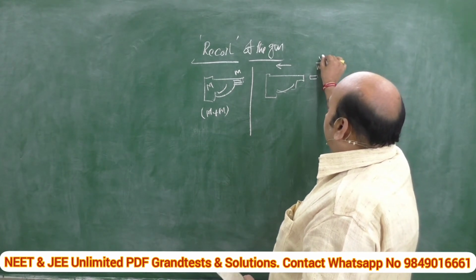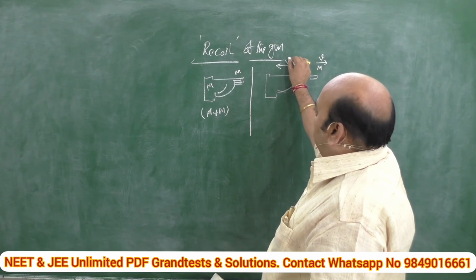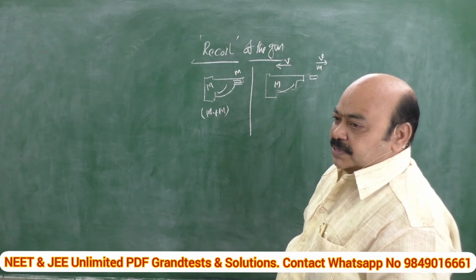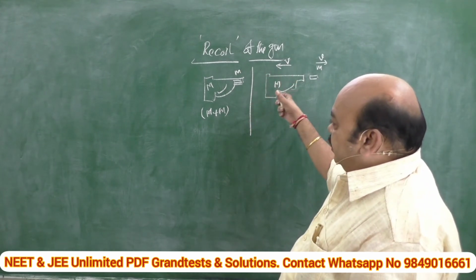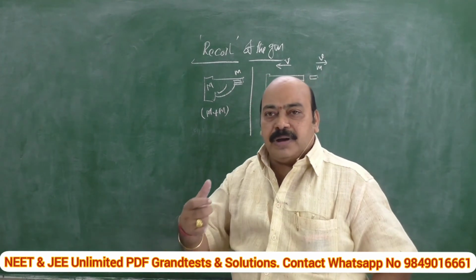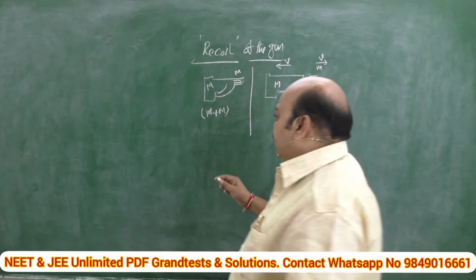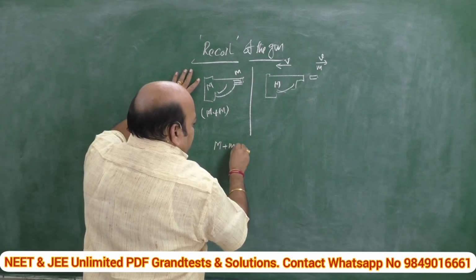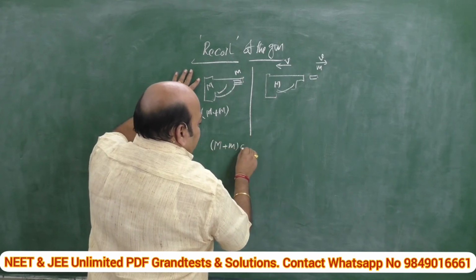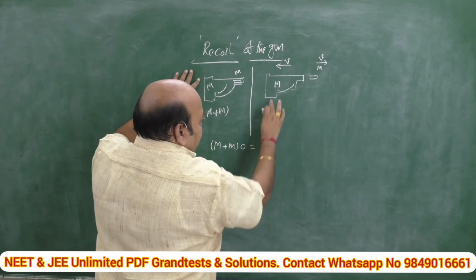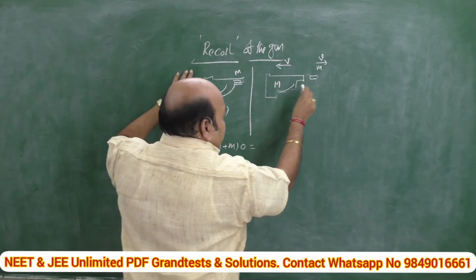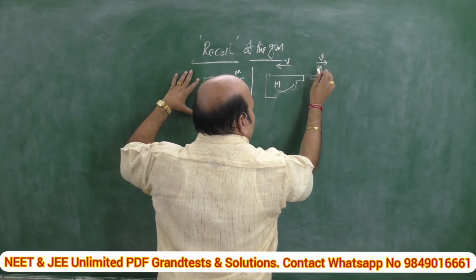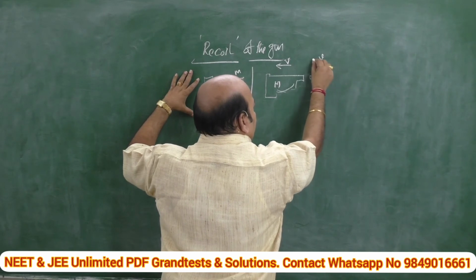Small v be the velocity of the bullet, and capital V be the velocity of the gun whose mass is capital M. According to the law of conservation of momentum, the total momentum before impact is equal to total momentum after impact. Total momentum before impact is nothing but capital M plus small m times the velocity. Initially, this system is at rest, that's why this is 0. This is equal to after impact. If we assign sign to the velocity, the motion of the bullet takes place in the forward direction, so it is positive.